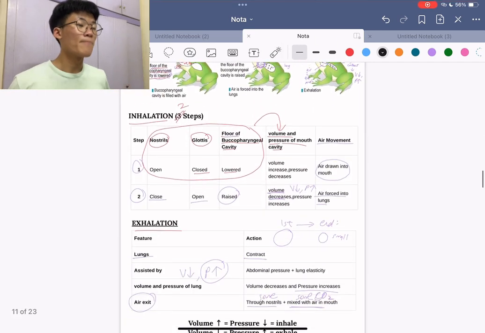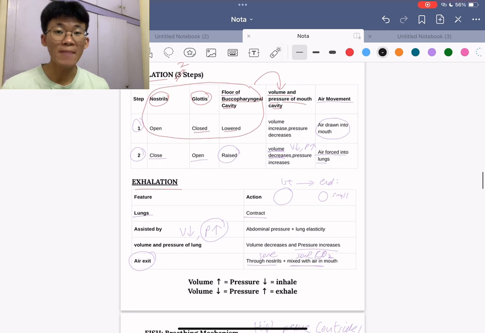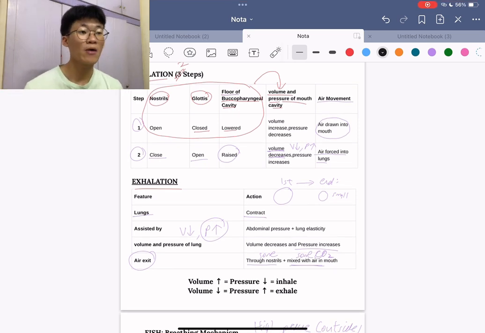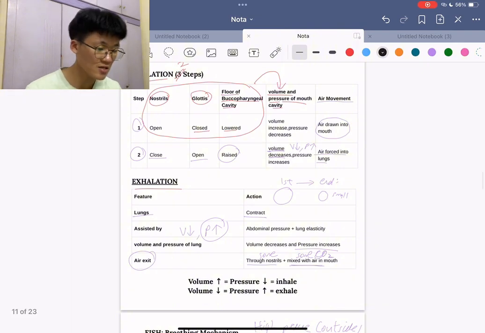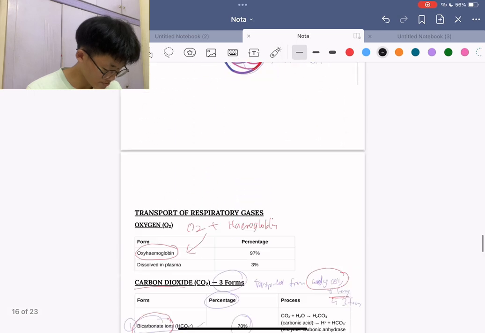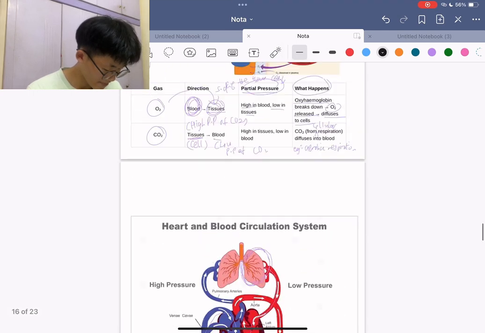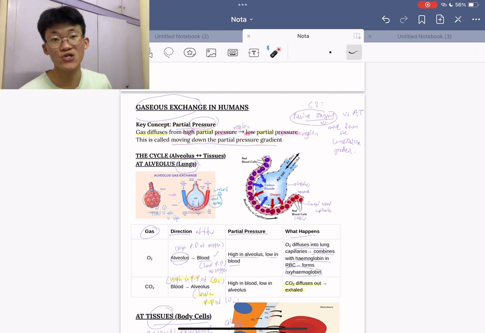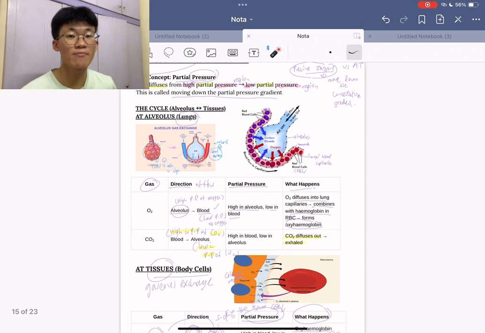And yeah, one thing. Just now I mentioned volume decreases, pressure increases, right? So it's all about the pressure. You have seen the partial pressure. Because the gas will diffuse from the high partial pressure to the low partial pressure. It's always about the pressure.